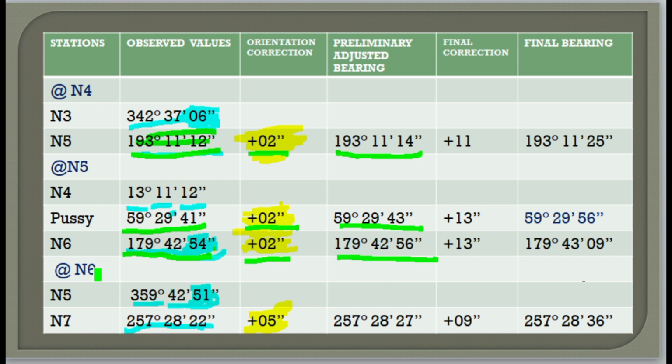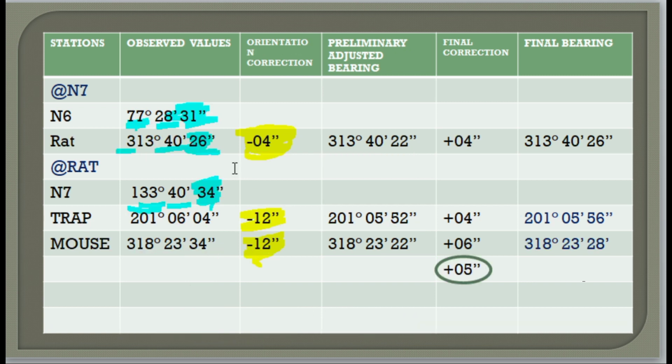Then here we have from N6 to N7, we do the same. We add our observed values with the orientation correction there, and we get our preliminary adjusted bearings.